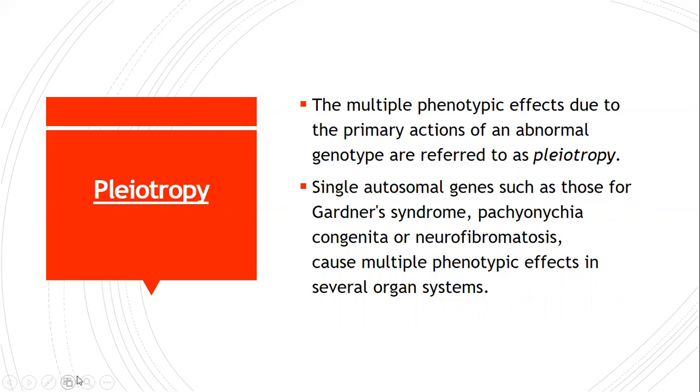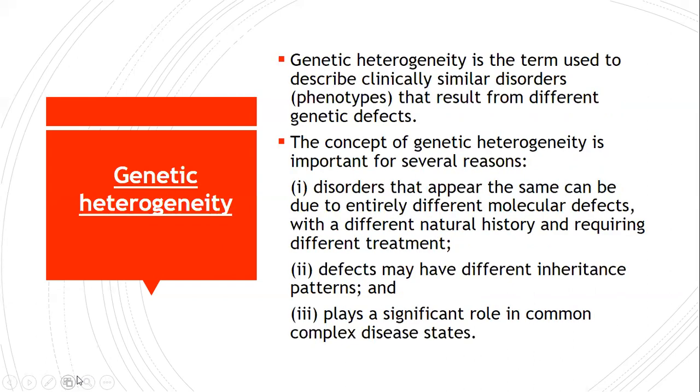If we take the example of neurofibromatosis, it results in neurofibromas, plexiform neurofibroma, café-au-lait macules, freckling, and mental retardation. So there are multiple phenotypic abnormalities associated with a single gene defect. And such multiplicity of phenotypic characters arising from a single gene defect is called pleiotropy.